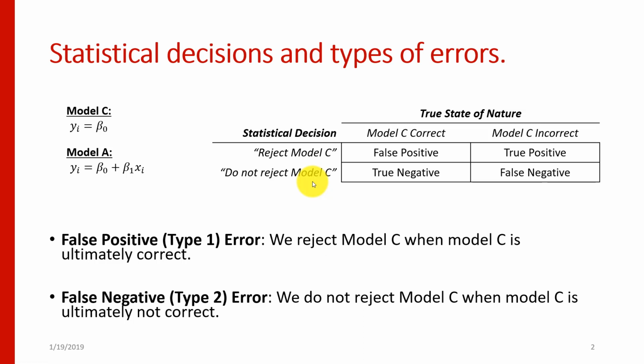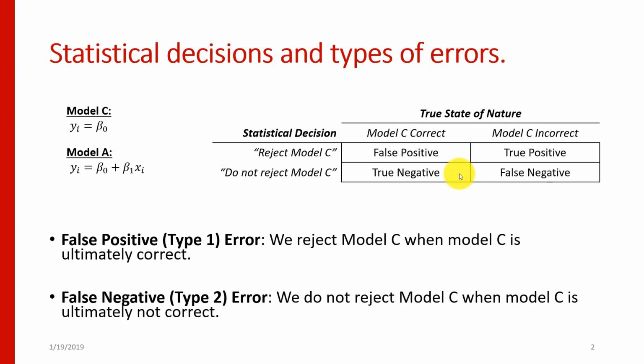That decision is ultimately going to align with some true state of nature. Model C might ultimately be proven correct, or it might be proven incorrect. By crossing our statistical decision with the true state of the system, we arrive at this 2x2 contingency table. On one diagonal, we have accurate decisions. If model C was correct and we concluded not to reject it, that would be a true negative.